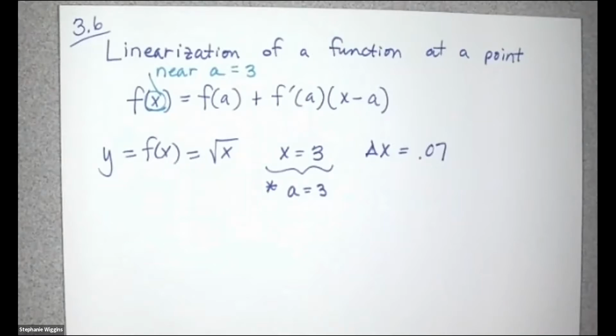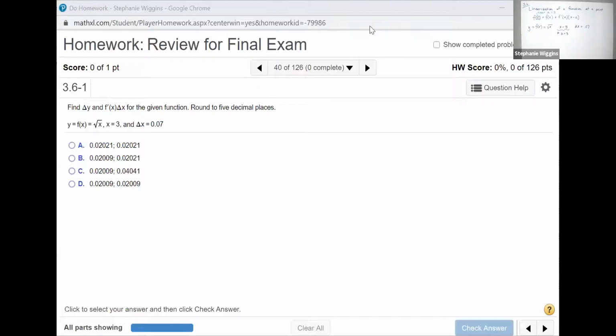Now going back to the problem, I forget what the question asked specifically, so let me take a look. They want us to find delta y, and they also want you to find f prime of x delta x. So for this particular problem, this x here is the x that they want.